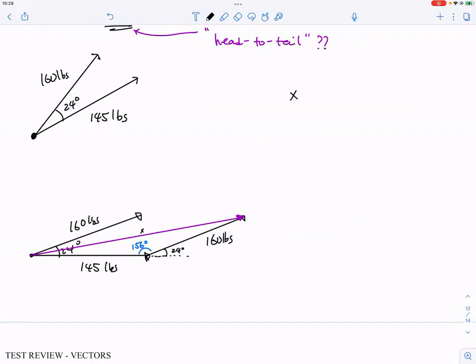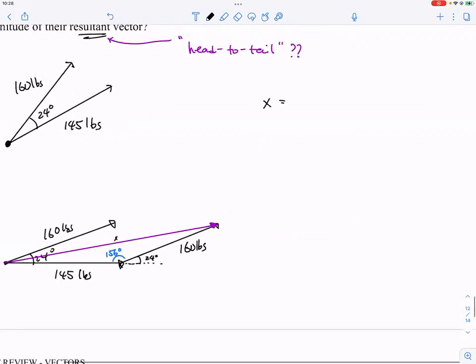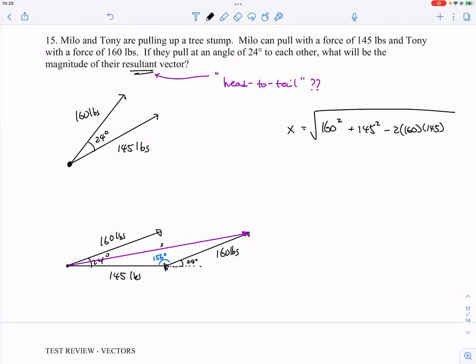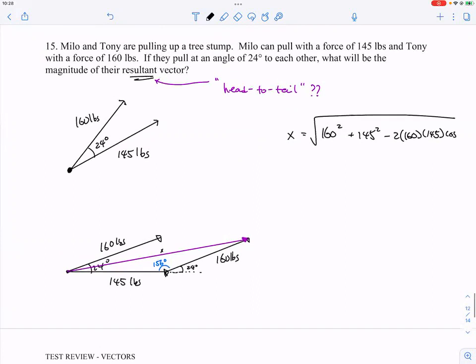We can do the law of cosines: x equals the square root of 160 squared plus 145 squared minus 2 times 160 times 145 cosine of 156 degrees.